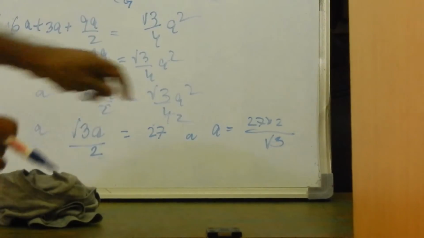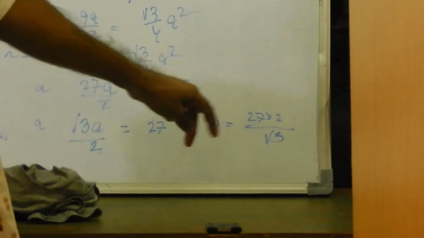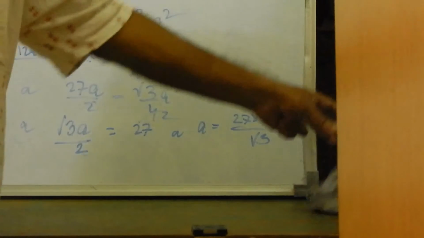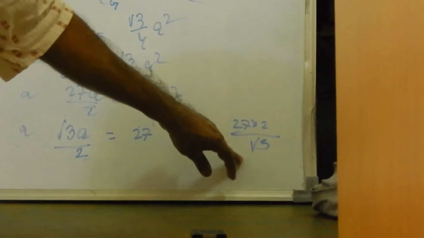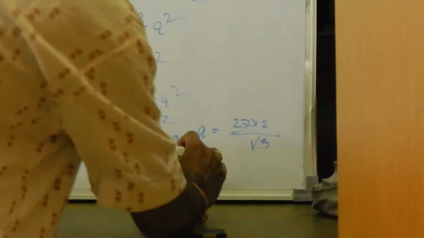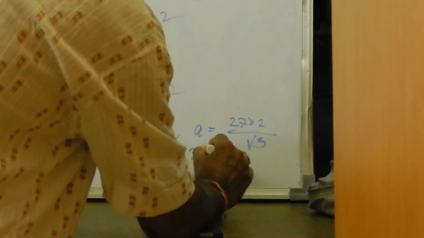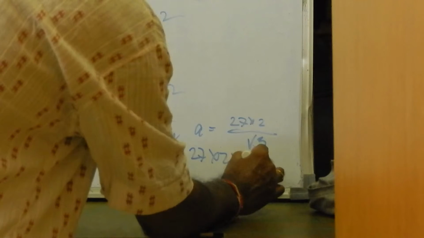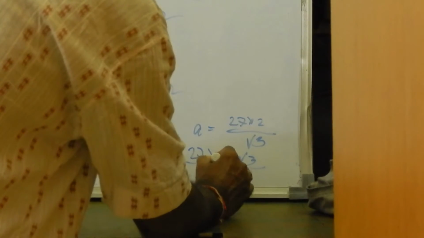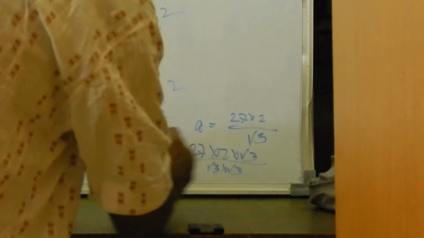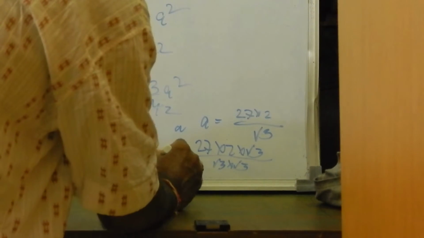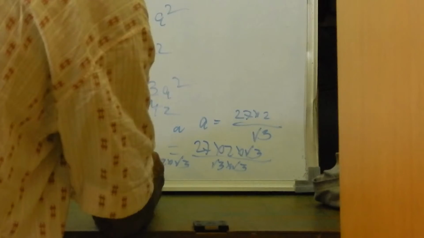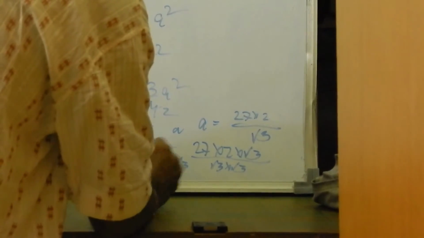But you know, we have to rationalize it, because normally we should not keep any irrational value in the denominator. So we rationalize it. 27 into 2 into √3 by √3 into √3 equals 9 into 2√3, equals 18√3.